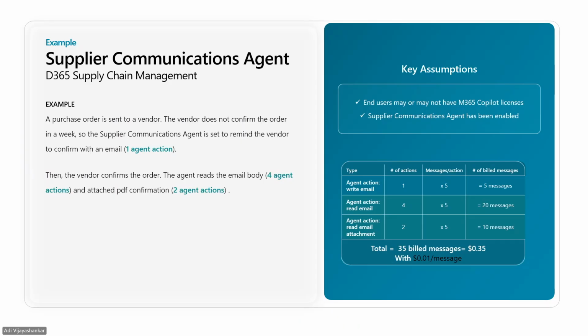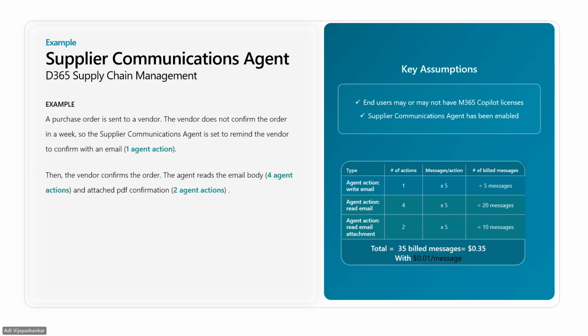Again, this is the whole flow. If we write 1 email, read 1, and it has an attachment, we sum all of this up and it would be 35 billed messages, which is $0.35 using the 0.01 per message.